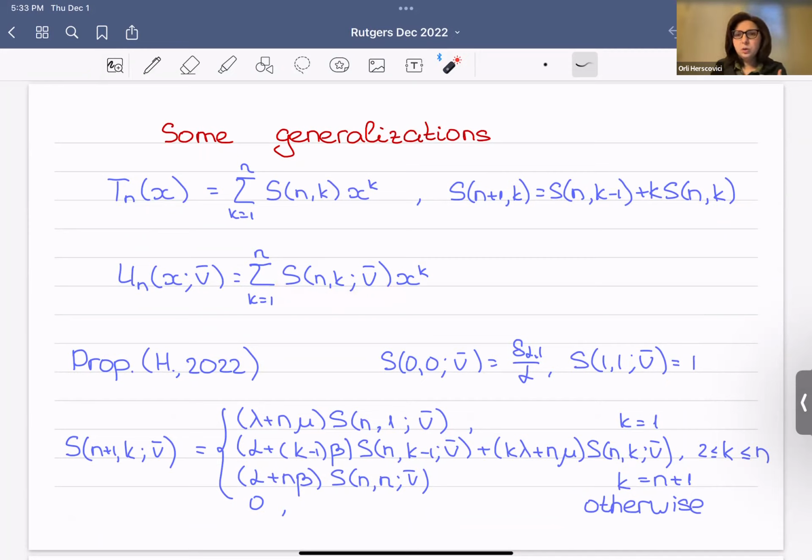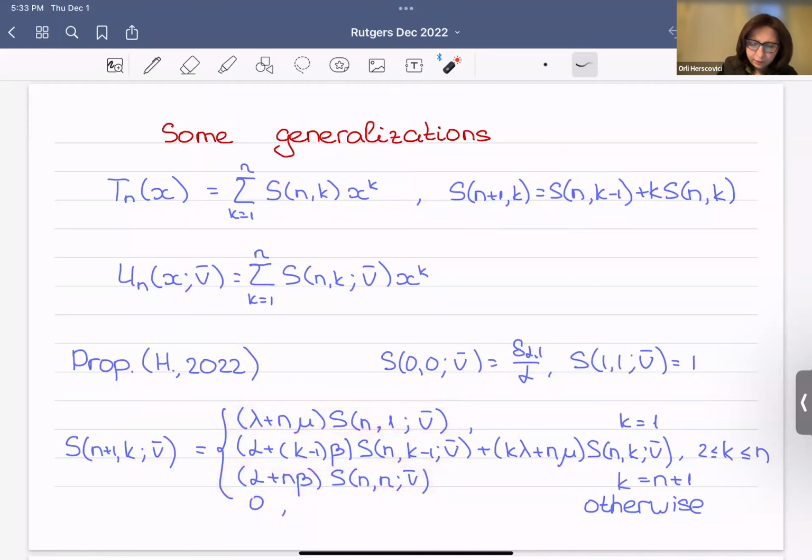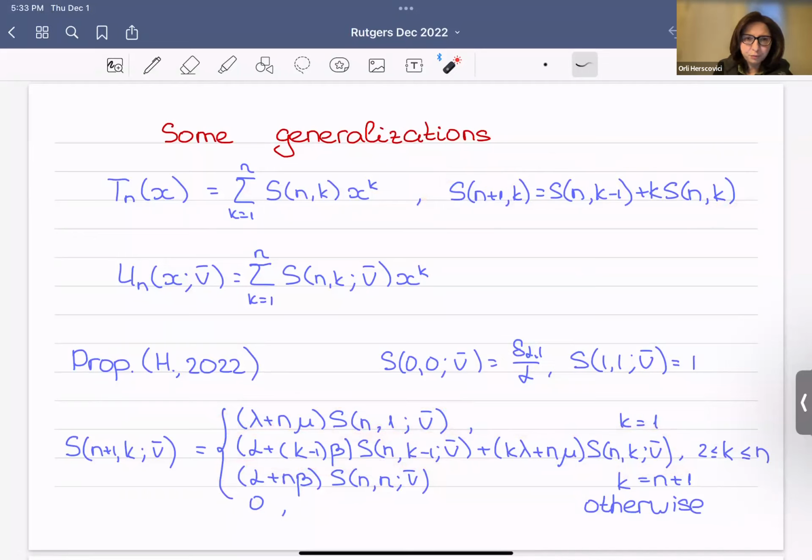If we consider it as the analog of Stirling numbers, which have triangular form, here we have two sides of our triangle, and this is the internal part. The internal part reminds us of the recurrence relation for Stirling numbers of the second kind. For a certain choice of parameters, we will get exactly the classical recurrence relation.